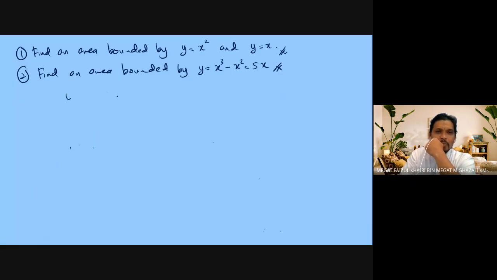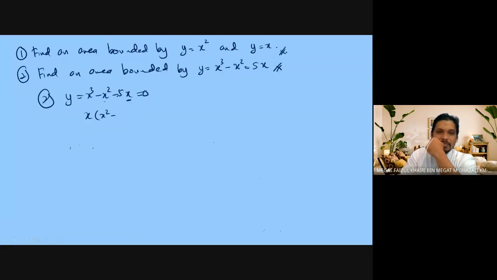Okay, so question number 2, y equals x cubed minus x squared minus 5x, make it equal to 0. Take one x out of each of these, so x times x squared minus x minus 5 equals 0.